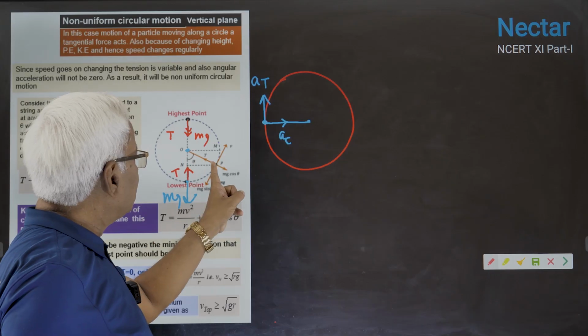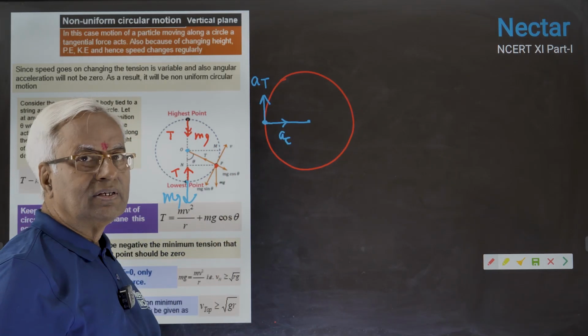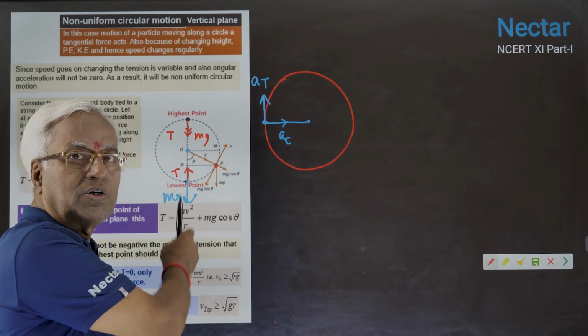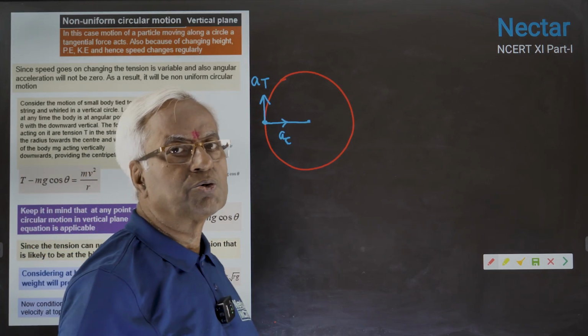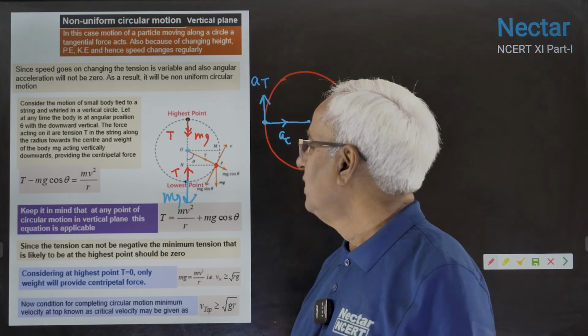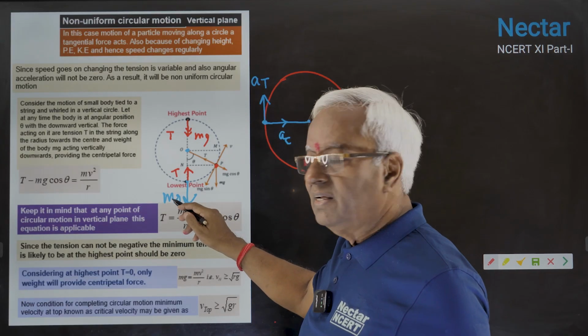We consider one particular point here. See this one. This is at angle theta with the downward vertical. This is general point P we have chosen just to find a formula that would be applicable in general. See, mg likewise as here.